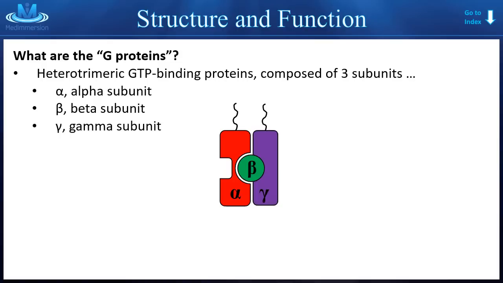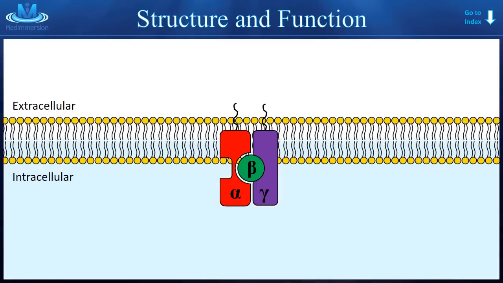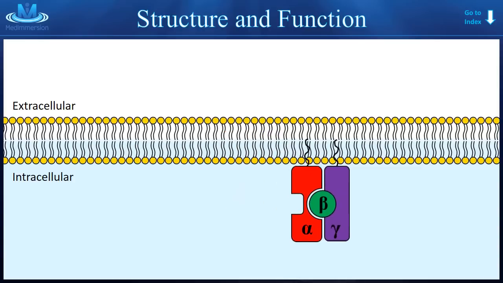You should also notice from my illustration here that the beta and gamma subunits are more tightly linked together than the two are to the alpha subunit. So actually the beta and the gamma stay connected where the alpha subunit separates itself in normal function. These G proteins live on the intracellular side of the cell membrane and are connected to the cell membrane itself by lipid anchors.